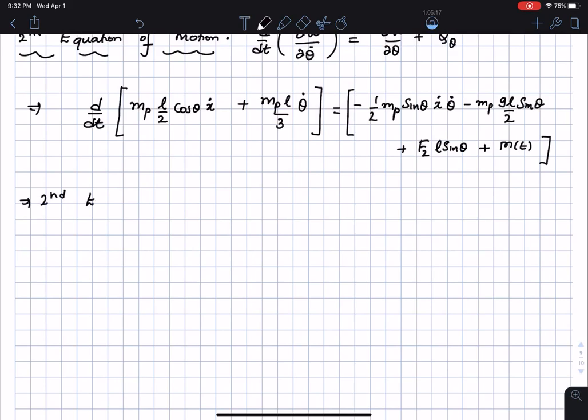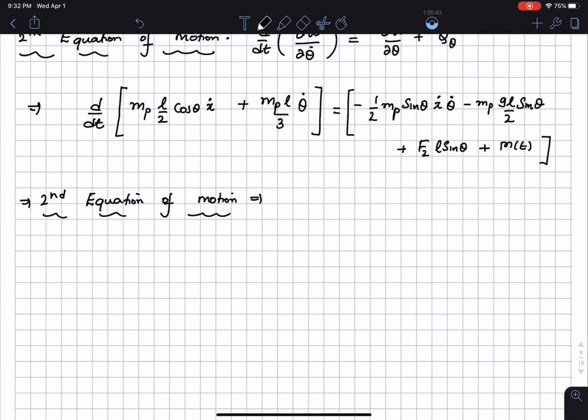Okay, simplify. The second equation of motion is the following. I have a couple of simplifications. I have skipped a step or two here. One step that I have skipped is you have mp L by 2 cos theta times x dot. If I differentiate the cos theta, I get a minus sine theta, and theta dot and x dot, I have a similar term there.